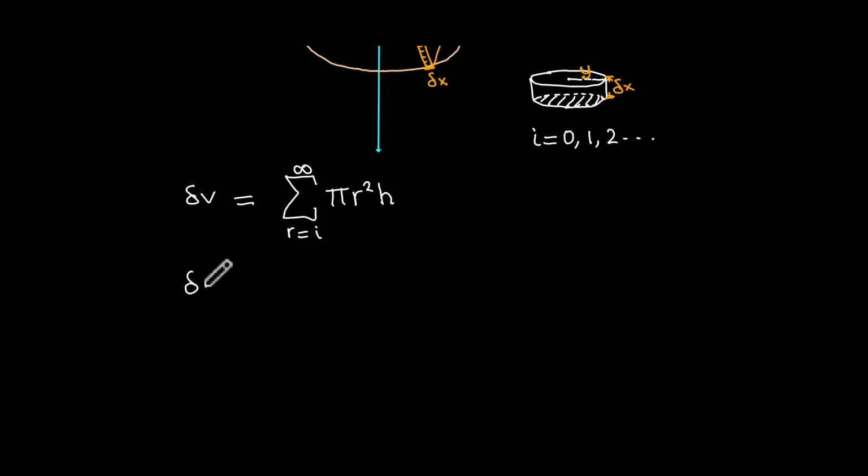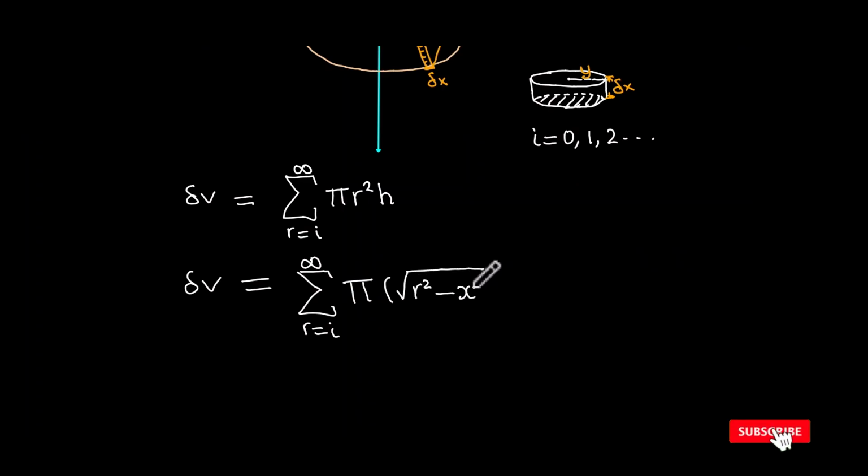Therefore, delta V is given by the summation from i up to infinity of pi, and instead of writing r, remember the radius was y, and we know our y was the square root of r square minus x square, and h is delta x.